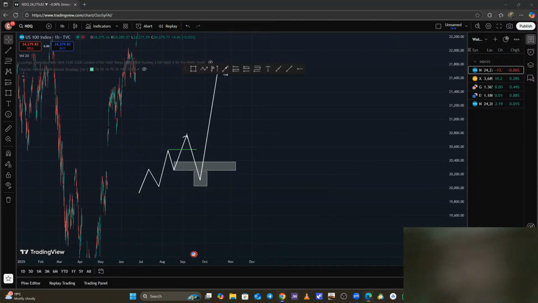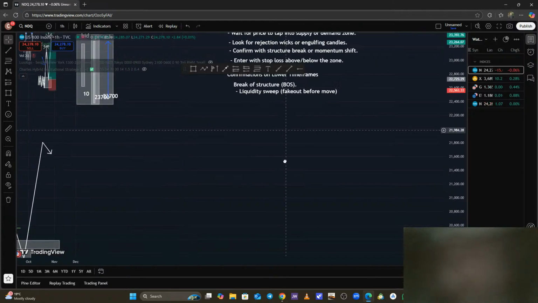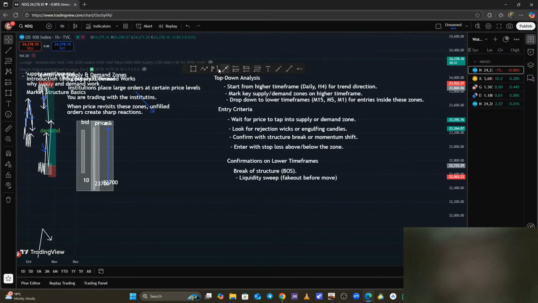Confirm for those liquidity sweeps, break of structure. Now you need to look at the rejection candlesticks. After you confirm your break of structure, these are just the fine details of what you need to look out for.